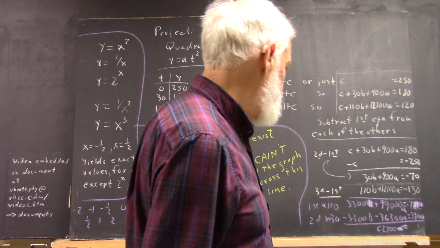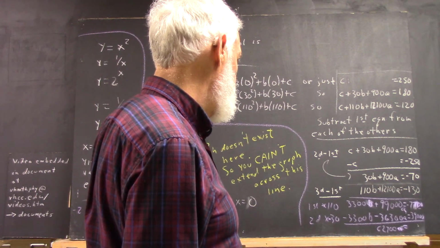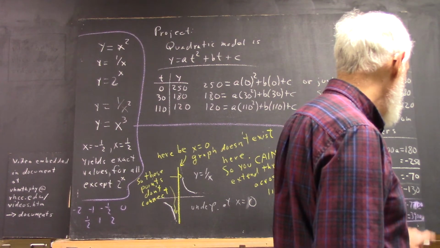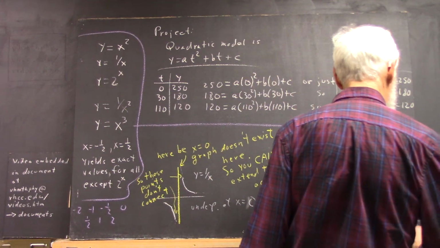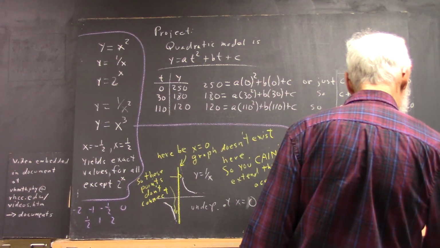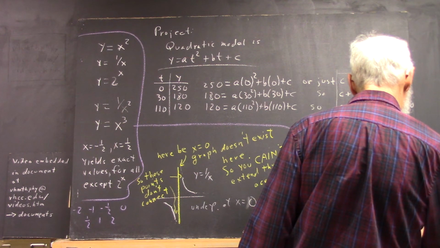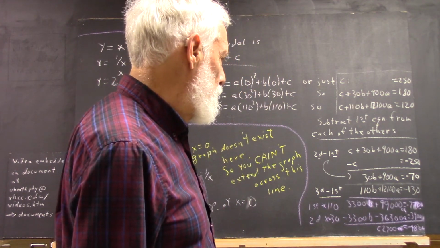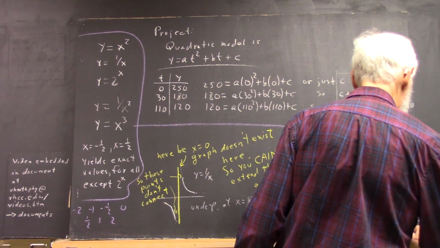I'm sorry, I keep messing up here. And I had that as 39,000, it's actually 3,900. And that's going to leave us negative 4,800. Now check my arithmetic on that. And it actually should be minus 3,800 because I'm subtracting almost 4,000.